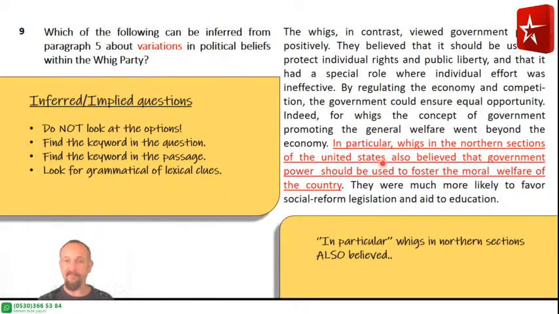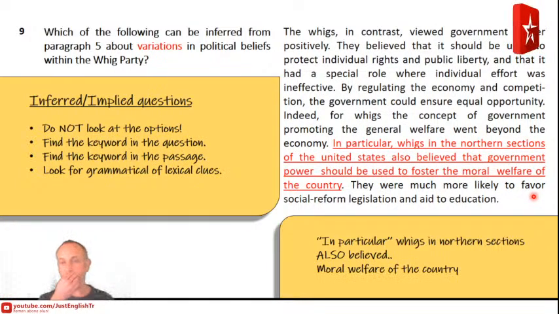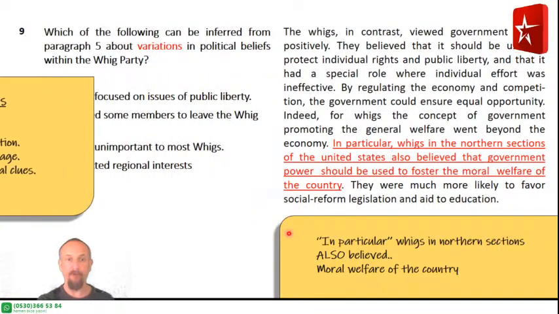So we're emphasizing that sentence by saying in addition to. They believed government power should be used to foster the moral welfare of the country. So at the top of the paragraph we're talking about the Whig Party in general, and then we're saying the Whigs in the northern sections were different from the Whigs in general because they also believed something else. Tough one, really tough.